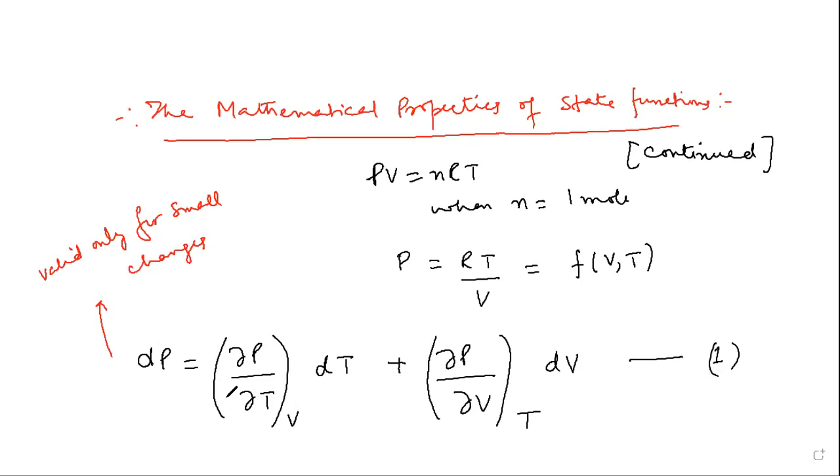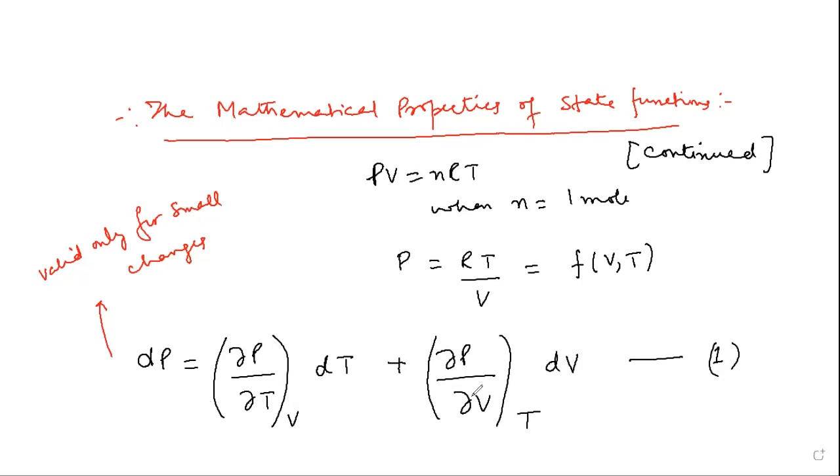Because over a large change in pressure, these partial derivatives may change. And if they change, we have to take their change into consideration as well and consider second order derivatives also. When changes are small, these partial derivatives over that change are assumed to be constant, right?